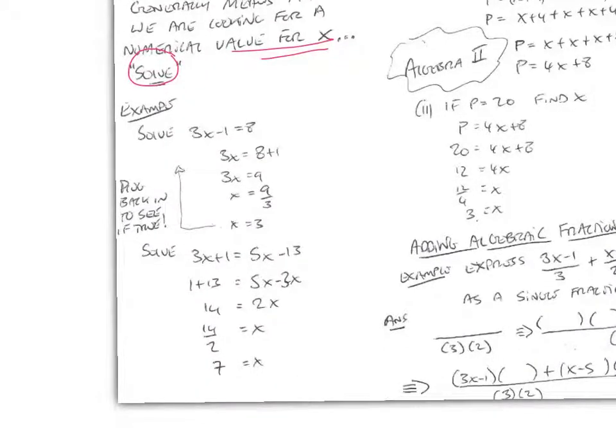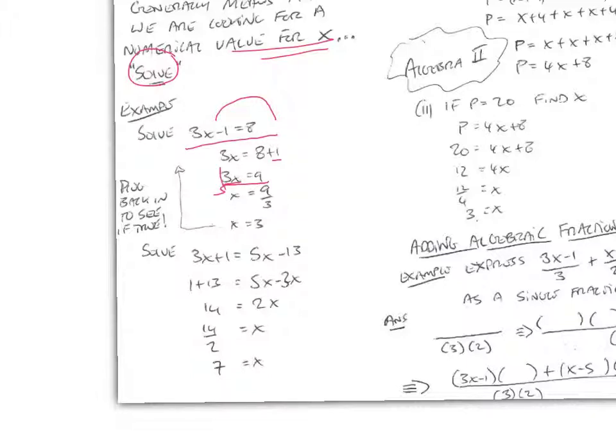Solve 3x minus 1 equals 8. So we need to isolate the x term. To do that, we first bring the minus 1 over, and it becomes plus 1. So we have 3x equals 8 plus 1, which is 9. Now we need to isolate the x from its coefficient, which is 3, and the best way to do that is to divide both sides by 3.